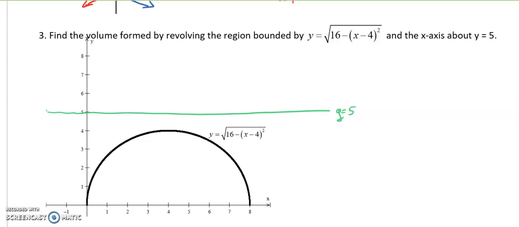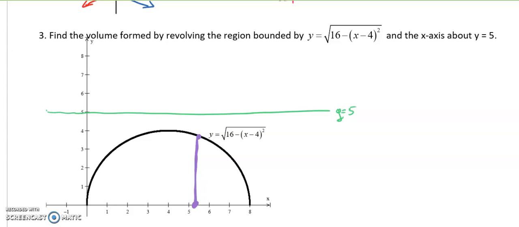We will also think about taking just a little sliver. This is our little thin sliver, and we're going to think about rotating that. And when we rotate that, we have to make a decision. Will we have a washer or a disc? Go ahead, take a moment, make that decision.